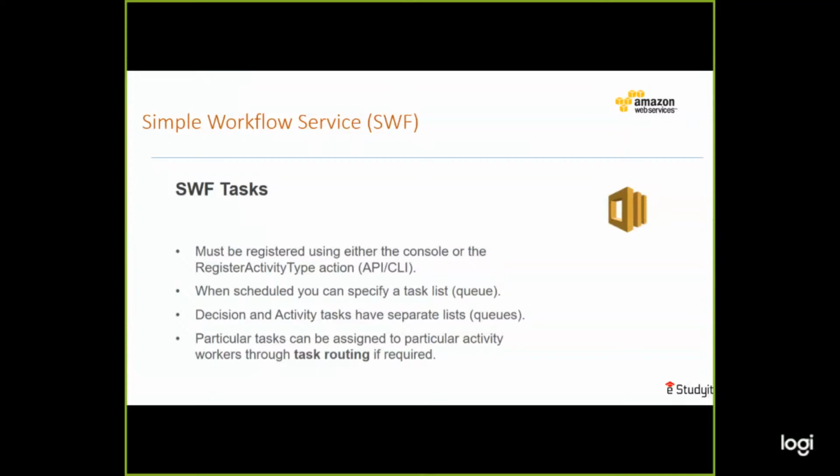Once you schedule or register them, you can specify the task list in a queue way. You can make a decision on any activity, and you can also manage or control the list and separate the queue. You can run a particular task, and that can be assigned to a particular activity through that task routing.